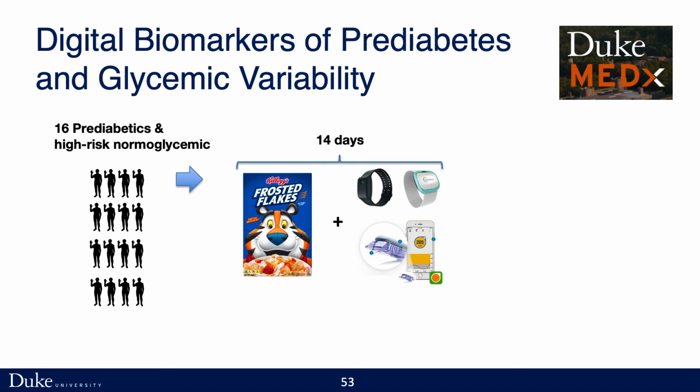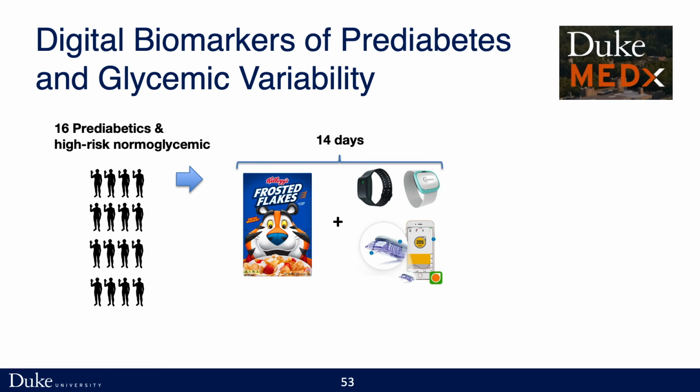And then there's also a very similar device called the BioVotion, which is worn on the upper arm. And throughout this time, people also wore a continuous glucose monitor, which enables us to get one measurement every 5 minutes of somebody's interstitial glucose.